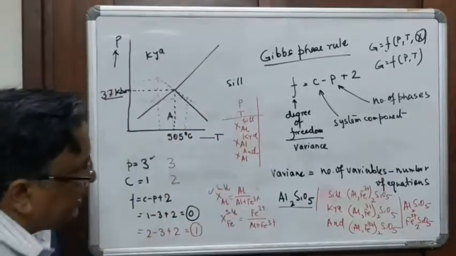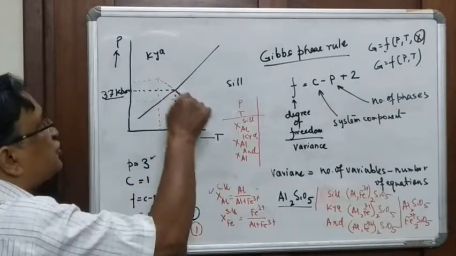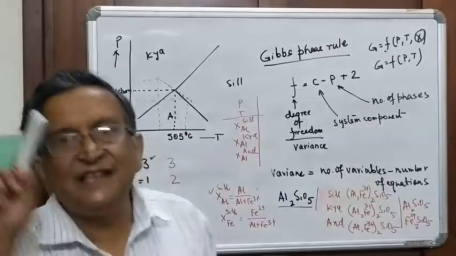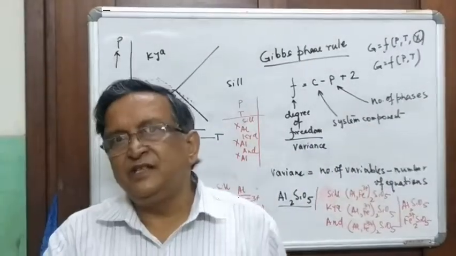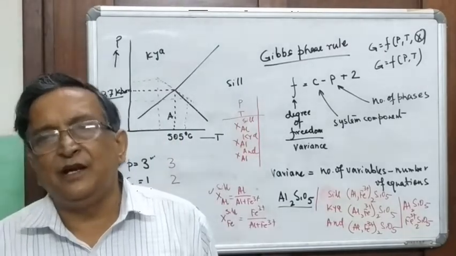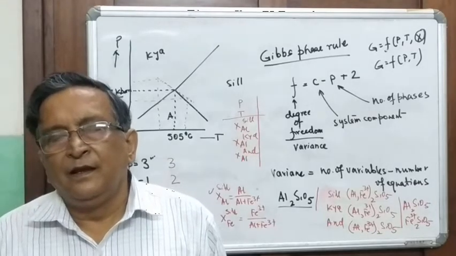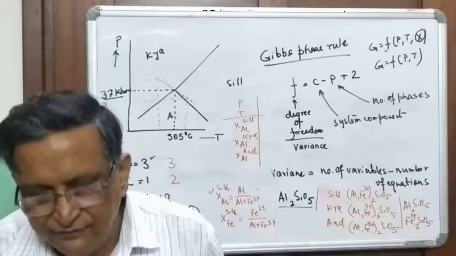So now you see, if you take this aluminium ferric ion system, then your triple point is not a triple point anymore. That is why I said, if your teacher asks you, what is the variance of coexisting sillimanite, kyanite and andalusite, you have to ask him, what is the composition of your minerals?